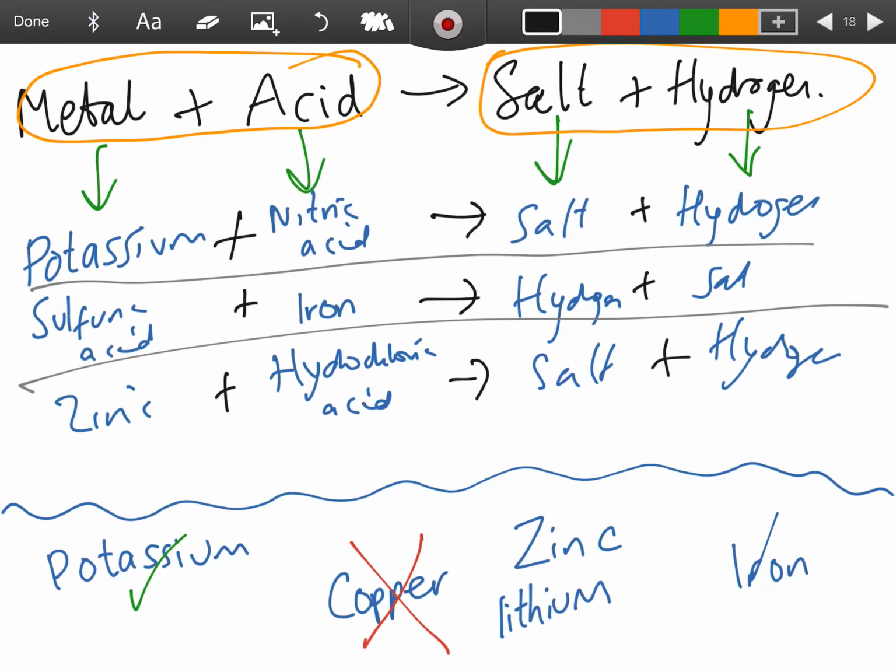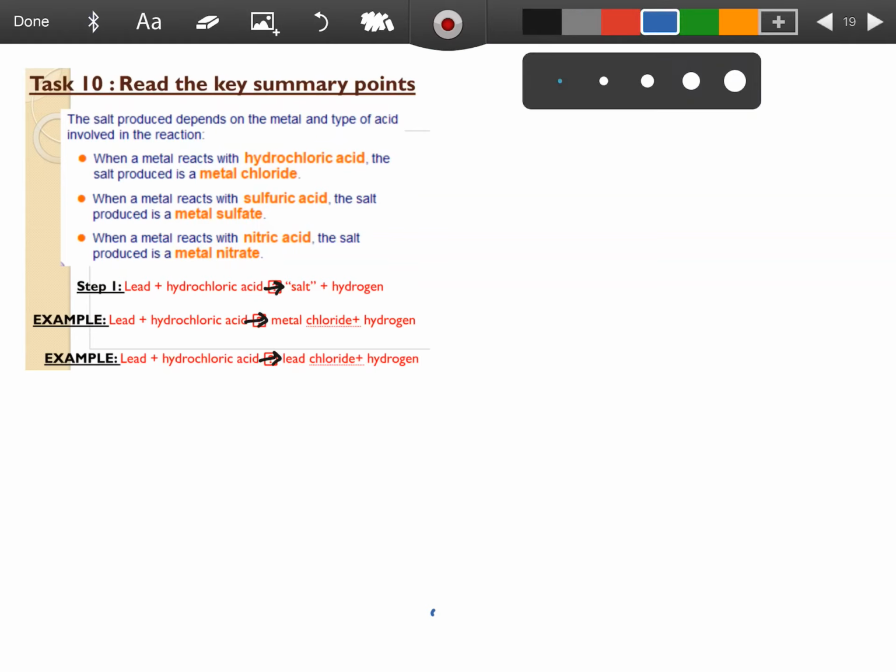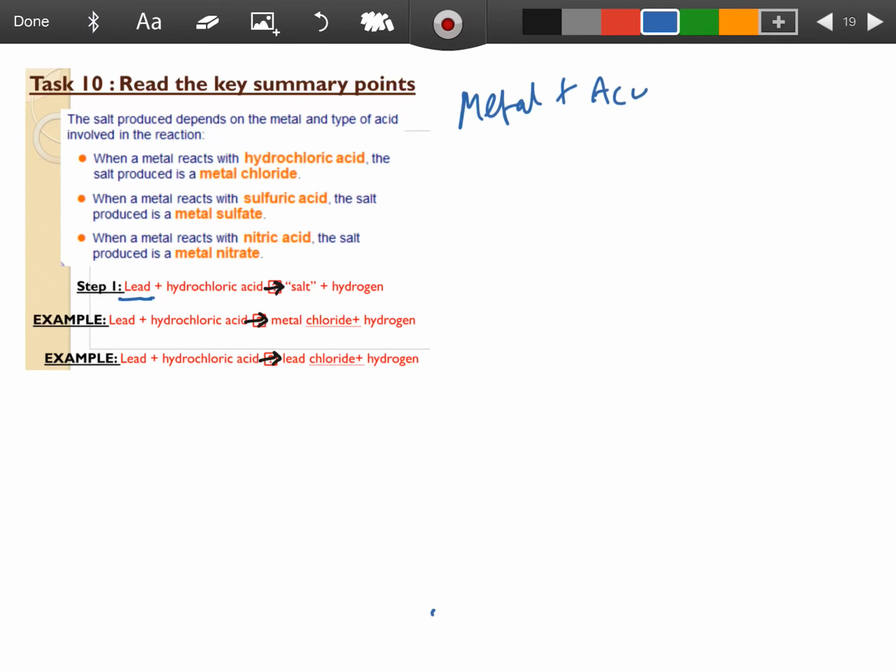So then you have to actually know the names of the salts, which gets a little bit more difficult. But what doesn't change is your hydrogen. Your hydrogen is always hydrogen. So for example, in my answer, I've picked to do lead. That's my metal. So remember, metal plus acid makes salt plus hydrogen.